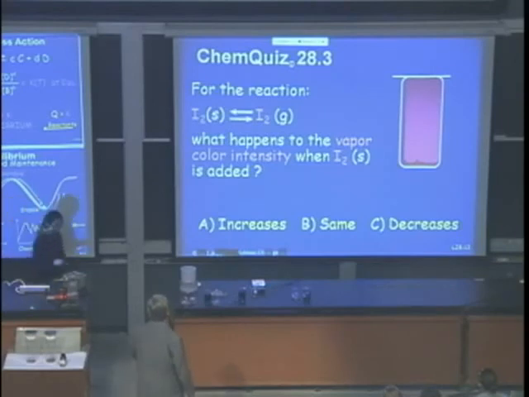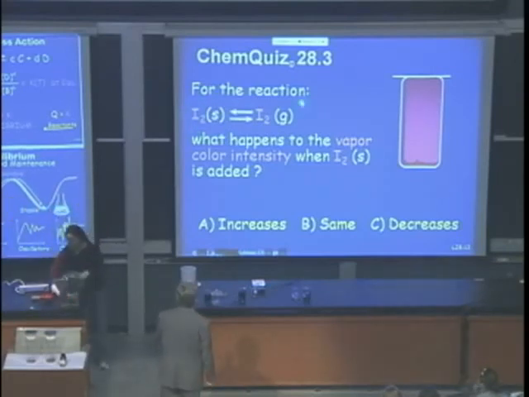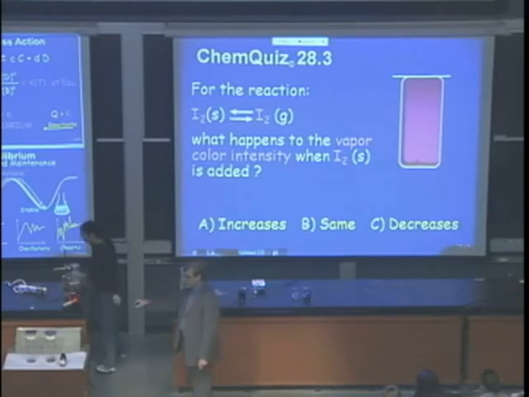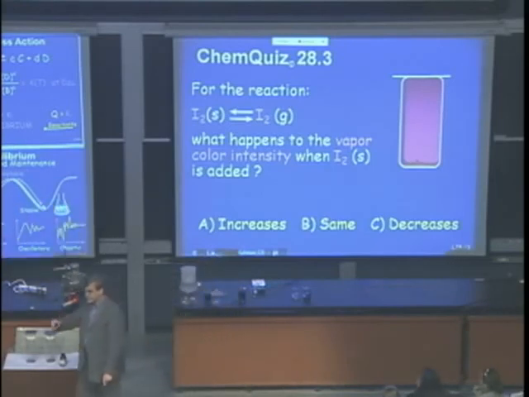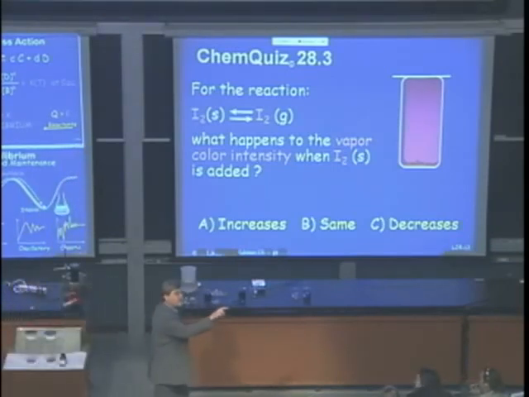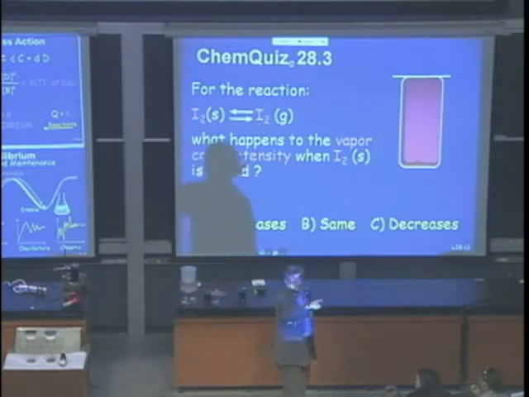Let's talk about another equilibrium. That's a solid-gas equilibrium. So the solid goes to gas. What do you call this? Sublimation. Okay? Where have you seen sublimation before? Here in this class. Carbon dioxide.